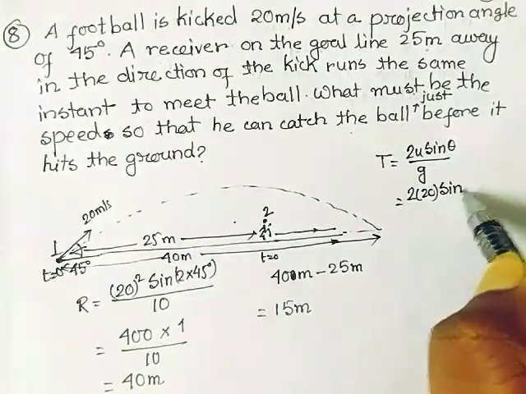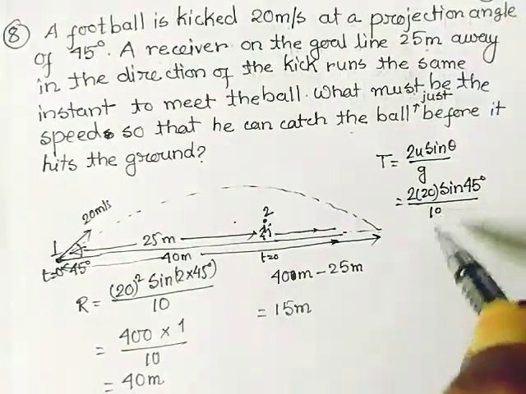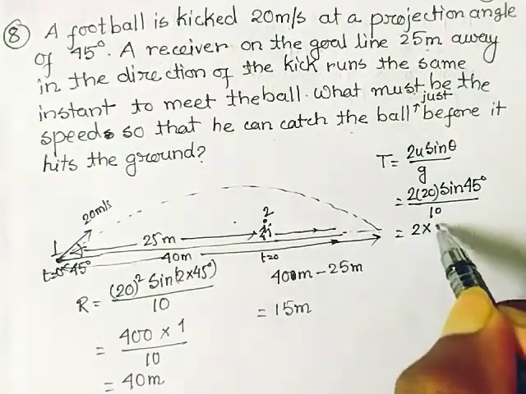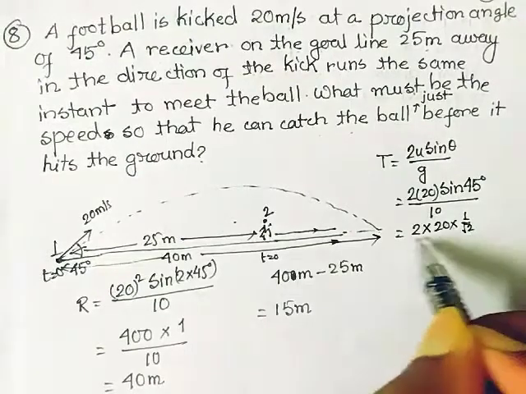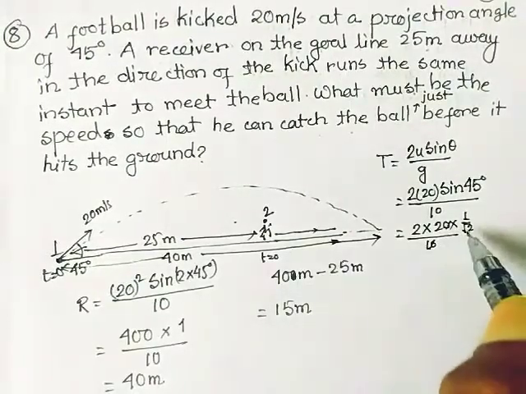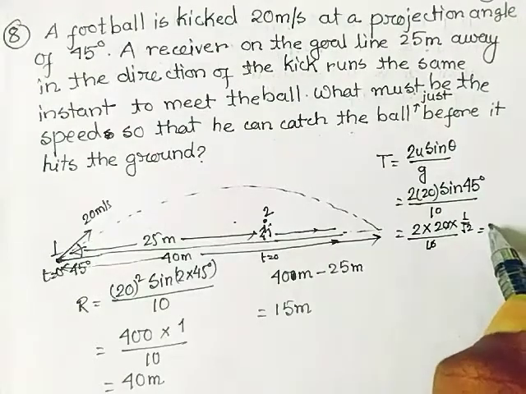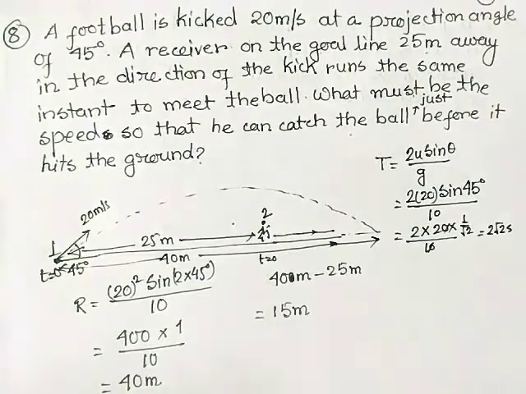What is theta? 45 degrees. What is g? 10. So it is 2 times 20 times sine 45 degrees, which is 1 by root 2, divided by 10. So it cancels out, it will be 4 divided by root 2, so it will be 2 root 2. This is the time, 2 root 2 seconds.